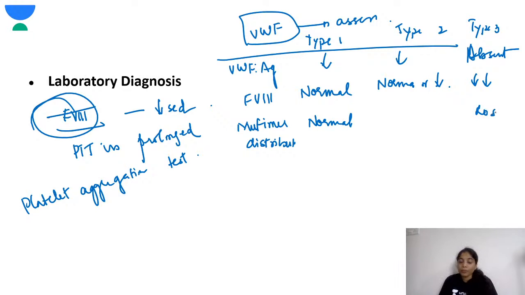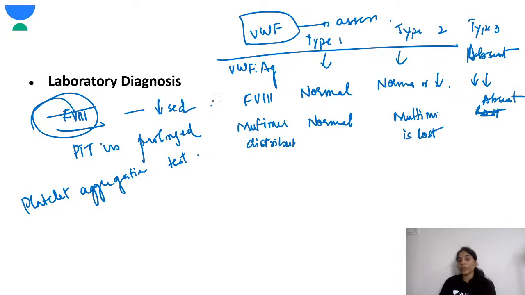In type 2, the multimerization of the von Willebrand factor is lost. This you have to remember.